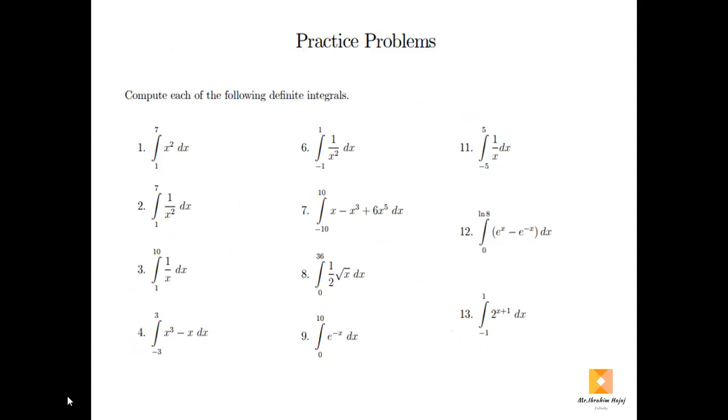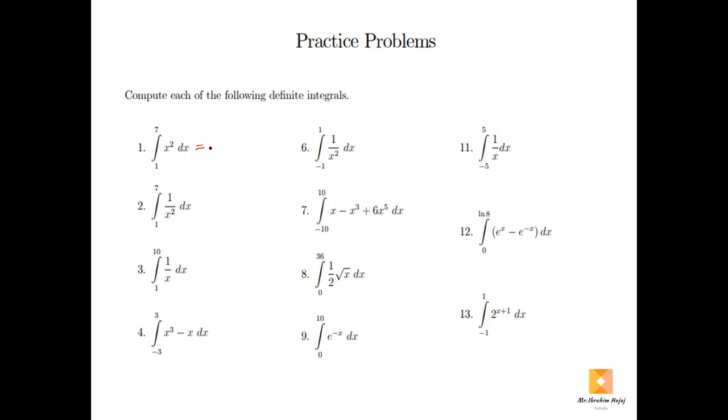The first question is the integral from 1 to 7 of x squared. Can I answer? Yes, Alan. Okay, x cubed over 3.